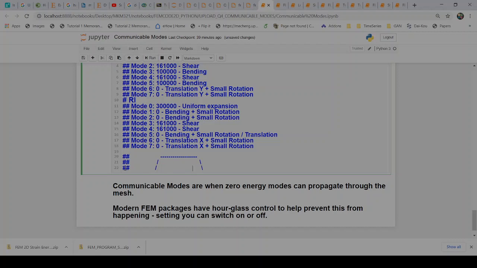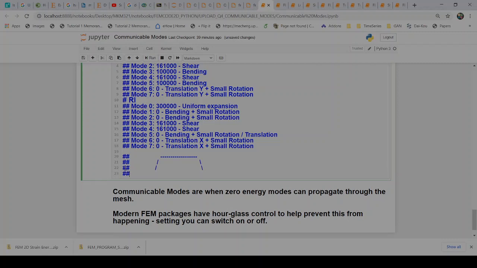If the element deforms in this way, for instance, what we are saying is, with this reduced integration, there's no energy associated with that deformation. No strain energy associated with that kind of thing. It's compressing at the top, tension at the bottom. That is a big thing, and that's what the communicable mode is.